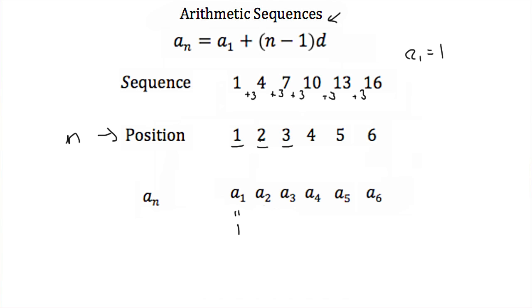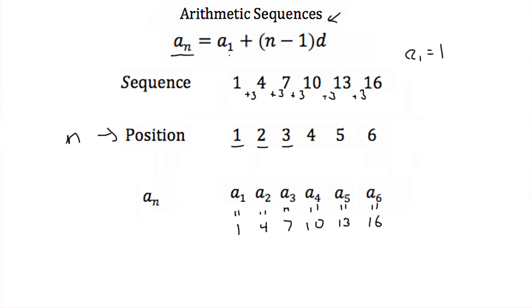A2 would then be equal to 4. A3 would be equal to 7. A4 would be equal to 10. A5 would be equal to 13. And A6 would be equal to 16. So our a sub n is just our term, and the n is dependent upon what position the number is in the sequence.